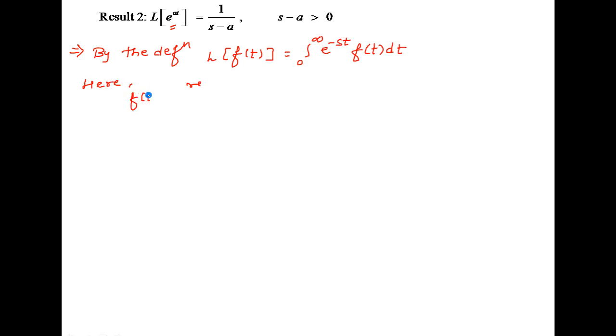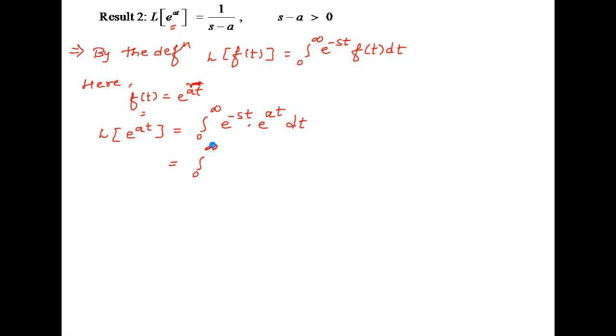F of t is equal to e to the power at. Now putting this value for the function in the definition, Laplace of e to the power at is equal to integration 0 to infinity e to the power minus st into e to the power at dt.